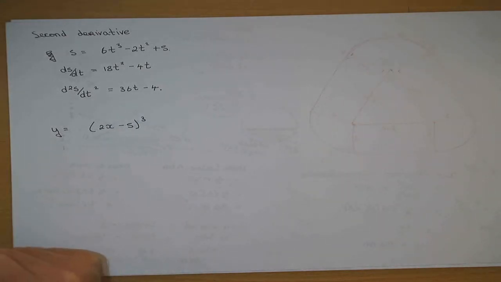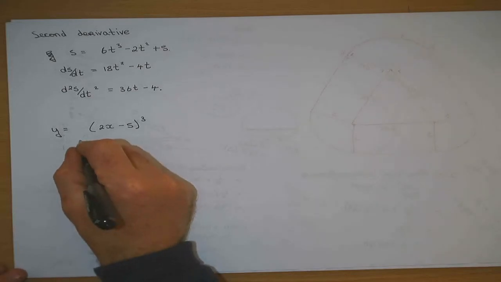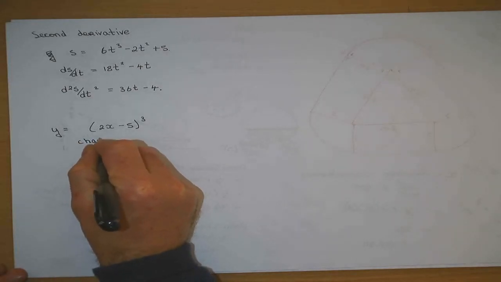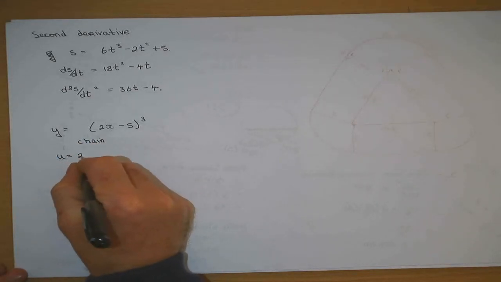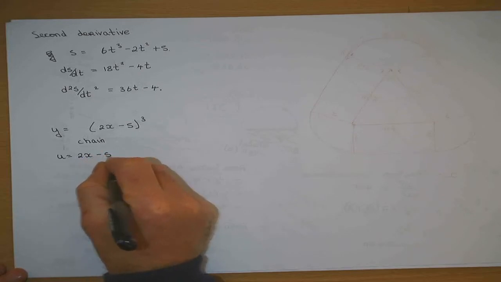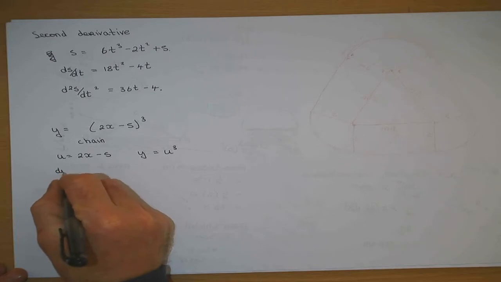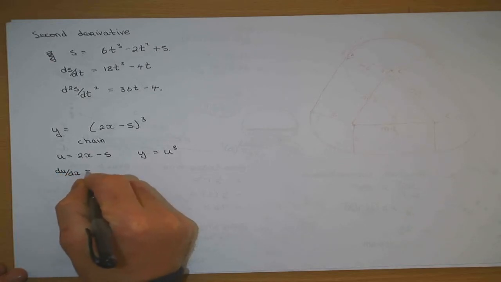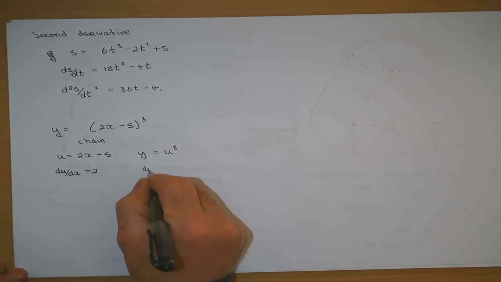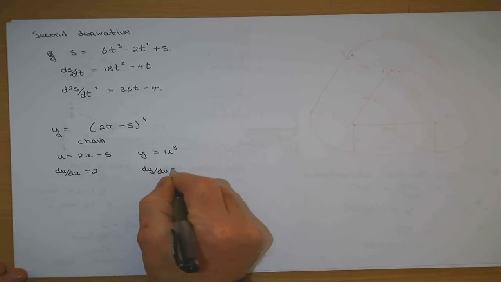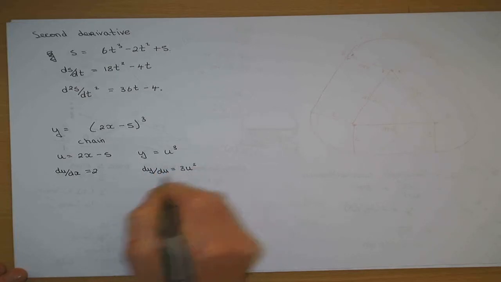If y was equal to 2x minus 5 to be cubed, dy/dx is known as its first derivative. How would I get the first derivative? It's a chain rule. We said u is equal to 2x minus 5, making y equal to u cubed. du/dx is equal to 2, and dy/du is equal to 3u squared.